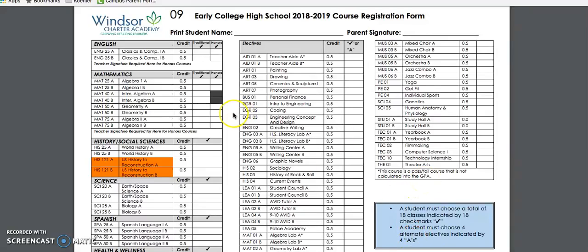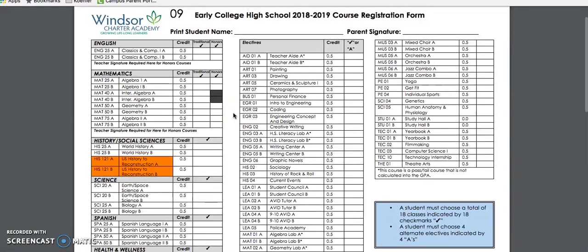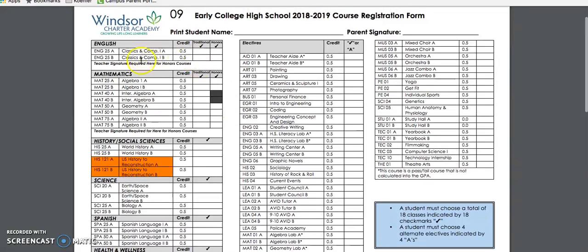So I just want to point out some of the classes that you have to choose as a 9th grader. Every 9th grader needs to choose English, either traditional or honors. Every 9th grader needs math, and you'll go into the next class so long as you pass the current one that you were in. You'll choose traditional or honors.